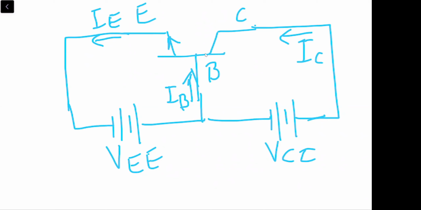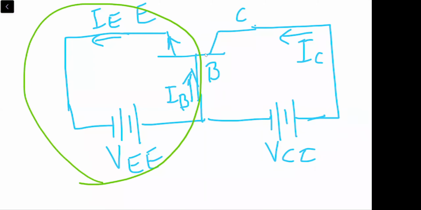With this we can say that this circuit can be divided into two portions. One is this side, which incorporates the emitter-base junction, and this side is normally taken as the input.